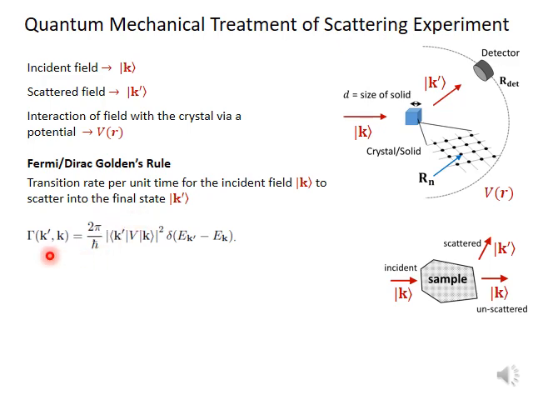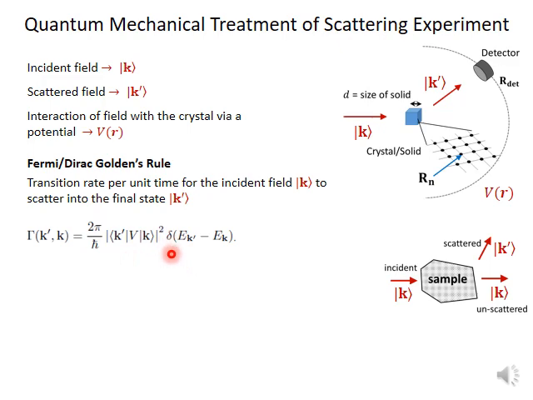According to the Fermi golden rule, from k to k prime, the transition rate per unit time is given by such an expression, where this delta function is due to the resonance part. So if the energy of the incident and the scattered wave is similar, you would get a 1 over here.